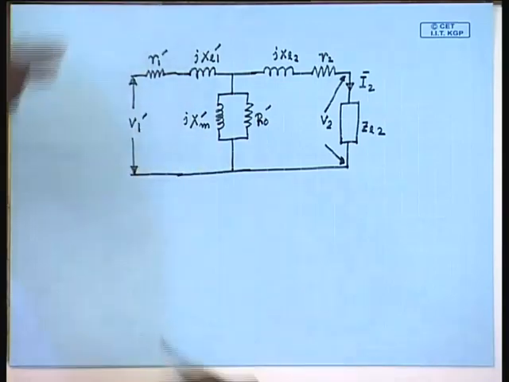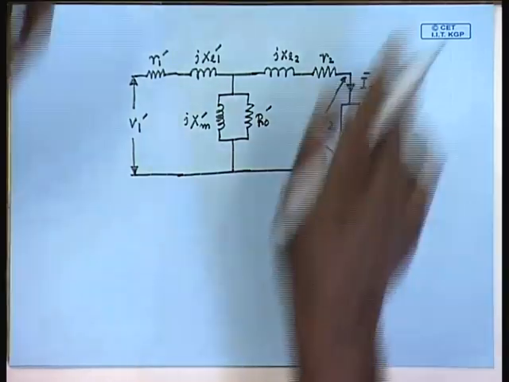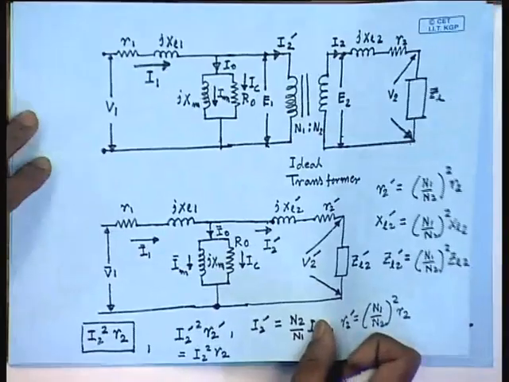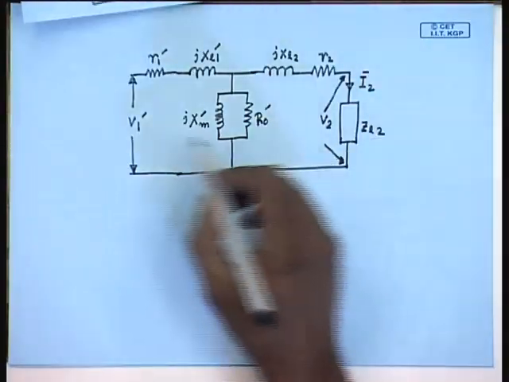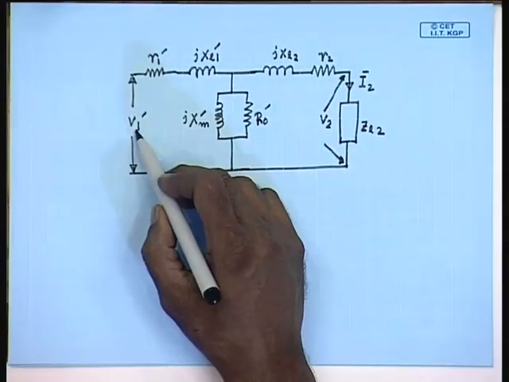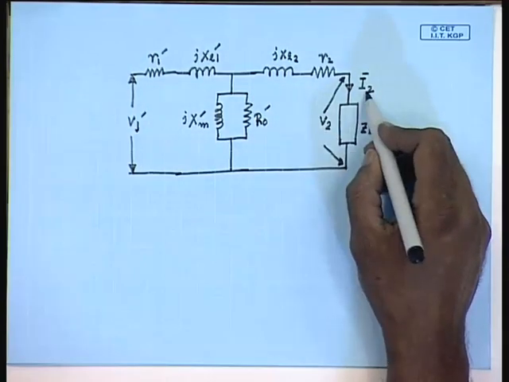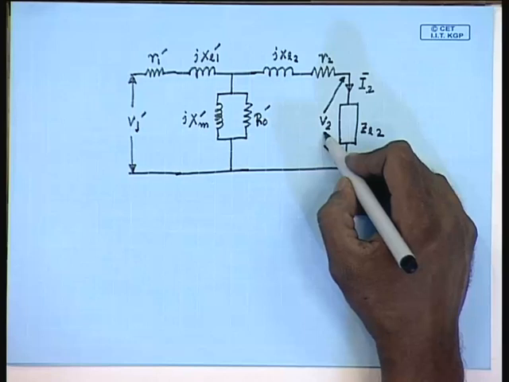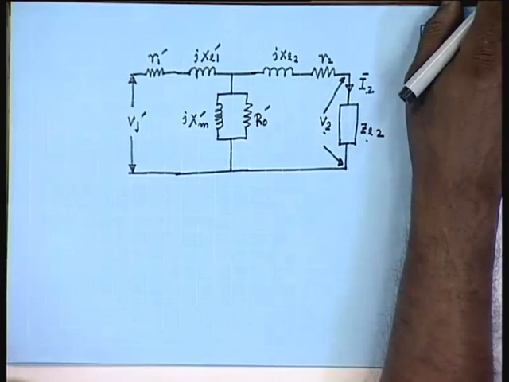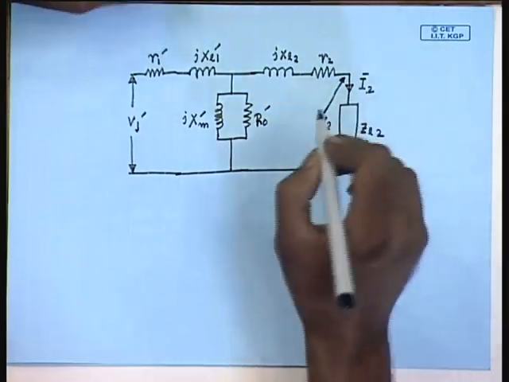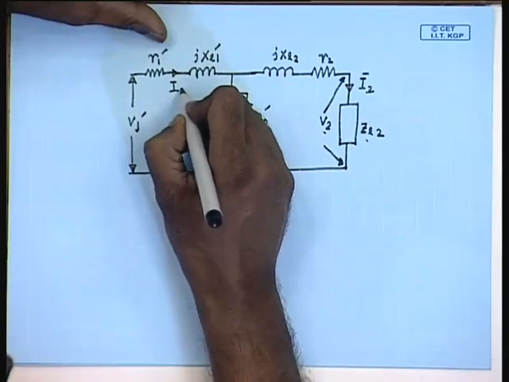Our objective is to find an expression of the dashed quantities, so that when the dashed quantities are applied to the circuit, the secondary current remains I2 and the secondary voltage becomes V2 when the load connected is ZL2. Let this current be I1 dash.